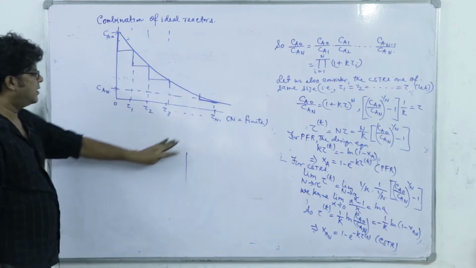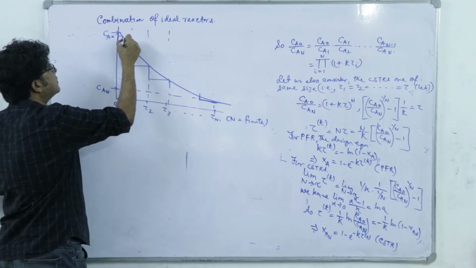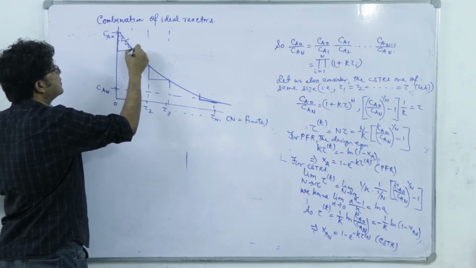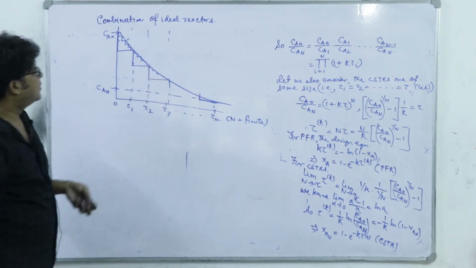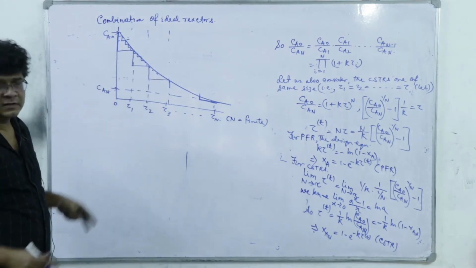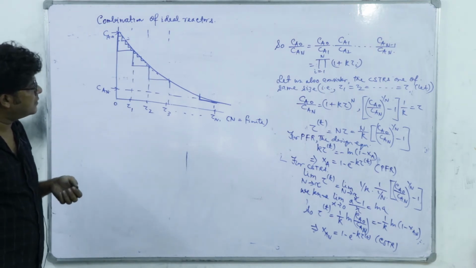So this is for n numbers of CSTR. For an infinite number of CSTRs, it will be like this, in this way, right? So this is the typical step-like change of concentration in a CSTR.